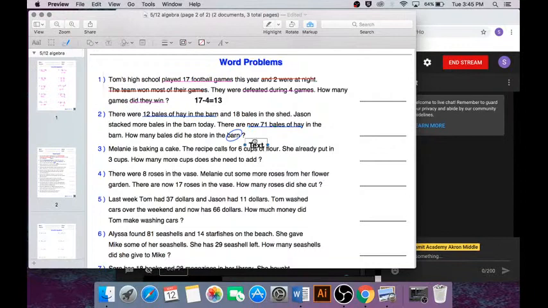So if there's 71 now, and we know that we started with 12, we take away the 12 we started with to figure out how many more he put in. So we have 71 minus 12, and that is 59. So he stored 59 bales of hay.